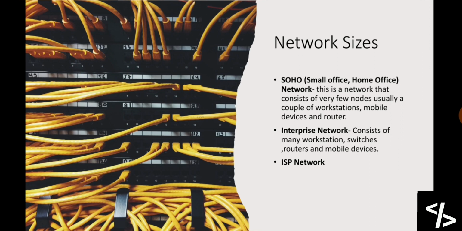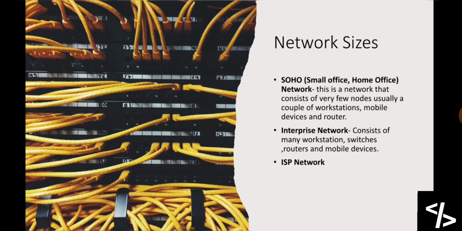So network sizes. Network sizes is a very important part of this chapter. We have regular sized networks, which we call SOHO. SOHO is small office or small home office networks. These are very small networks that might consist of just a few workstations, some cellular devices, and a router.